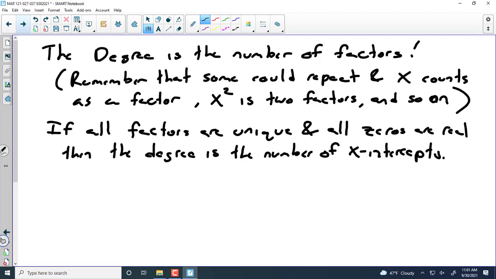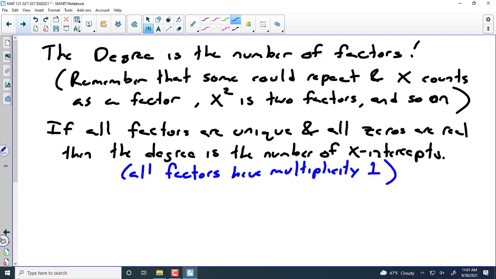If every factor is different from every other factor, another way of saying that is they all have multiplicity 1, and they are all real zeros, no imaginary numbers anywhere, then yes, the degree will be the same as the number of x-intercepts.